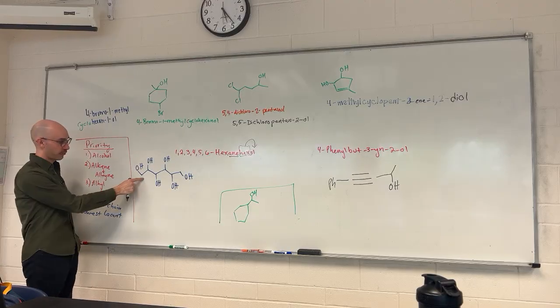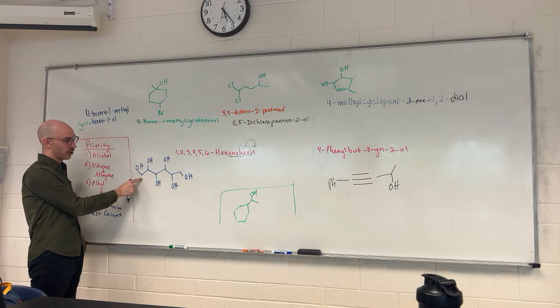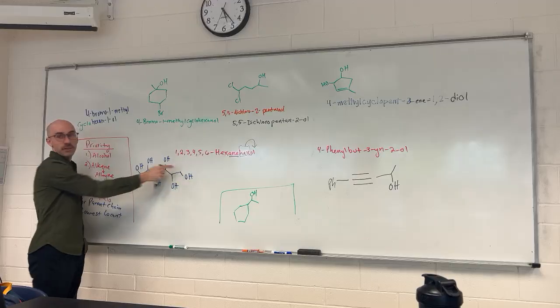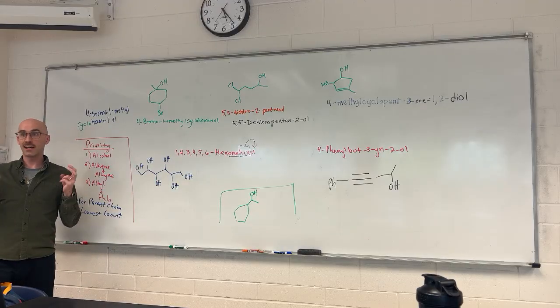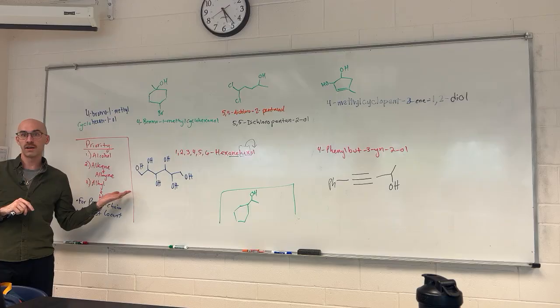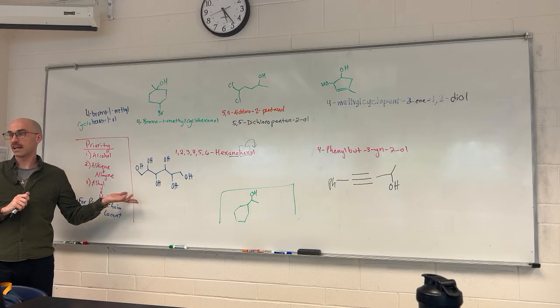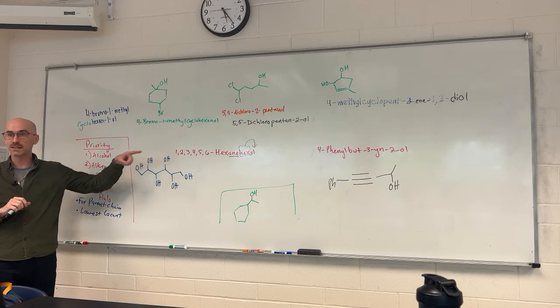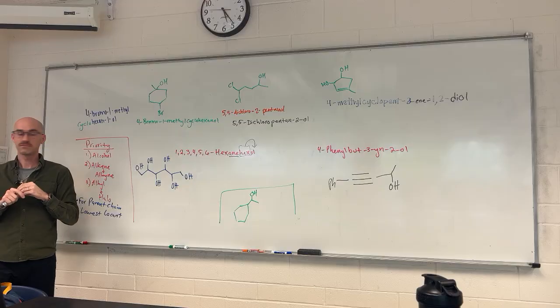I could have had 3 alcohols on this methyl carbon, 3 alcohols on this methyl carbon. That's technically a structural isomer of hexanehexol. That's just 1,1,1,6,6,6-hexanehexol. So the locants matter.